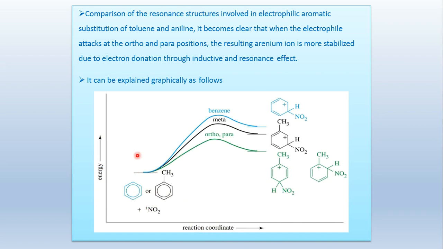In this energy diagram, the comparison is shown between pure benzene, this is neat or pure benzene, and its derivative, monosubstituted benzene, that is methyl benzene, or we call this toluene. If we carry out an electrophilic substitution reaction, here the electrophile used is the nitronium ion, NO2 plus. So what will happen? We know that the methyl group has plus I effect. So due to this plus I effect, it increases electron density inside the ring.